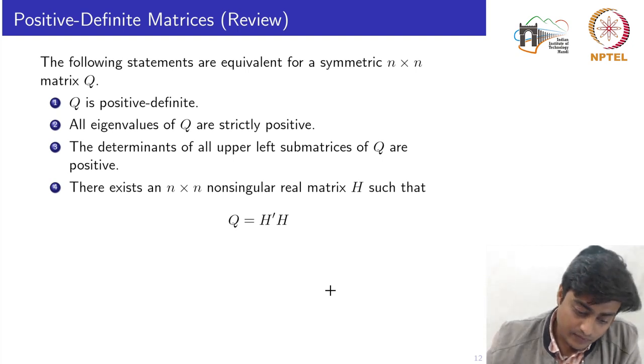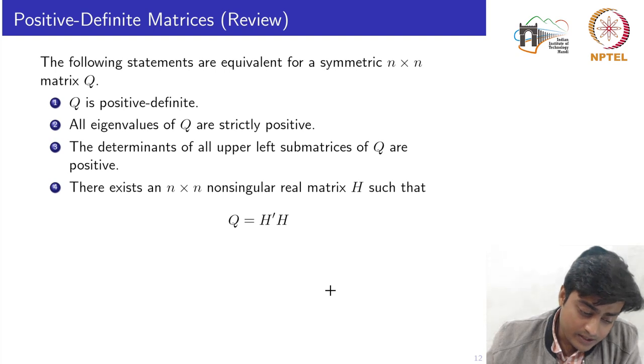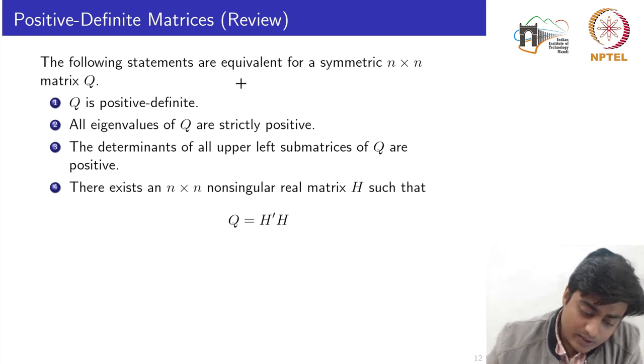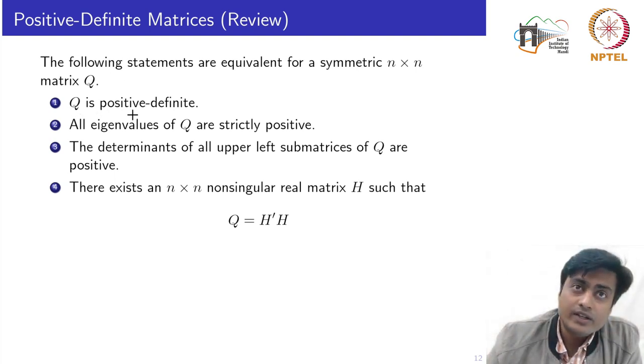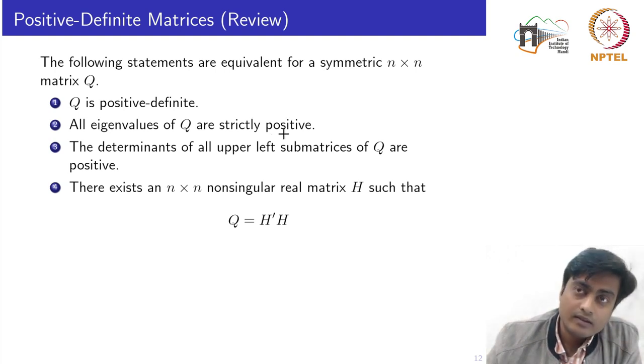So this is one of the important results with respect to positive definite matrices. The following statements are equivalent for a symmetric square matrix of dimension n: Q is a positive definite matrix, which is equivalent to saying that all eigenvalues of that matrix are strictly positive. If Q is negative definite, then all eigenvalues of that matrix are strictly negative, right?